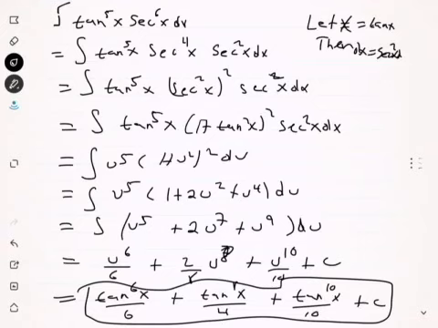We're gonna go ahead and do this same problem, and basically it says that if the power on tangent is odd, then you save a secant tangent. So that's what we're gonna do in this next page. Same problem, we're gonna get a different answer, but they're similar.